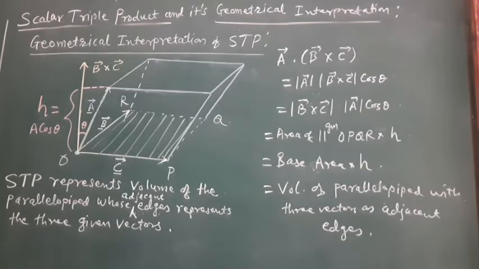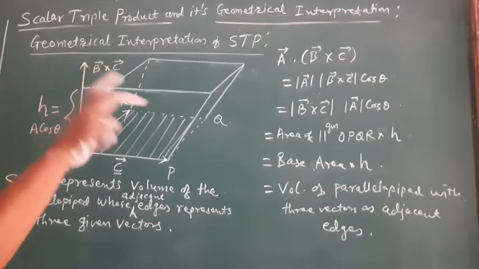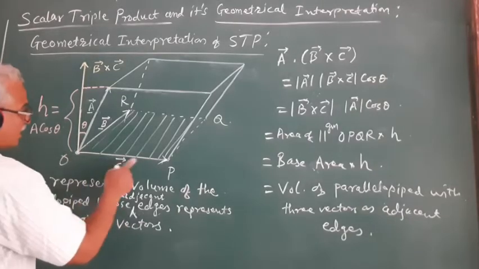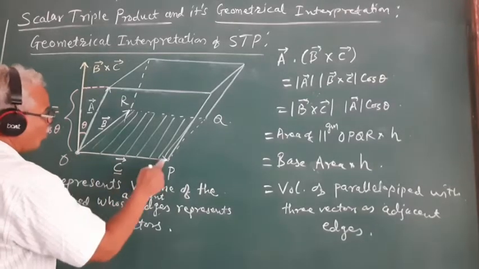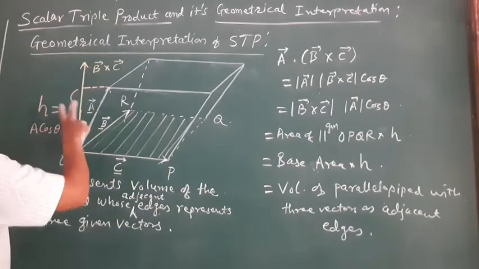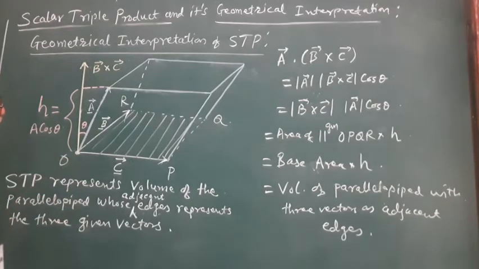The second comment we can put here is that it is not necessary that we should consider only the parallelogram OPQR as the base of this parallelepiped, and this as the height of the parallelepiped.